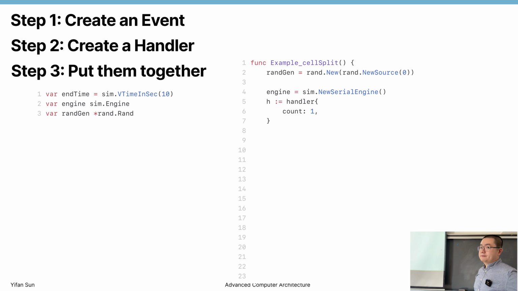This is the program. I put in an example, cell split. This is a particular way in Go to make a testable example. If you put this program in a file called, say, cell_split_test.go, then your function is called ExampleCellSplit.